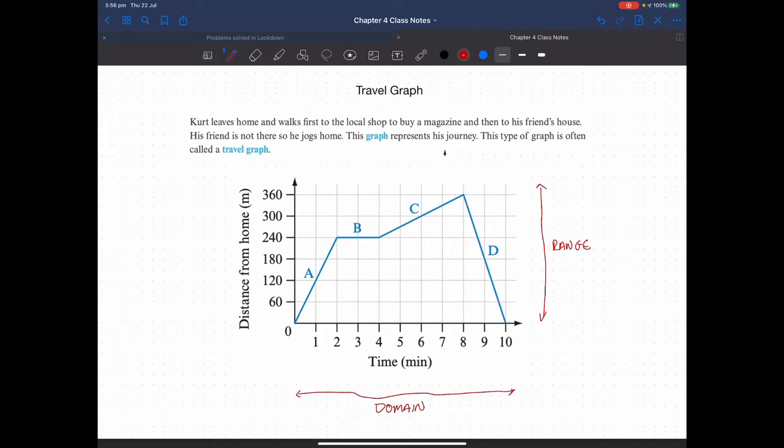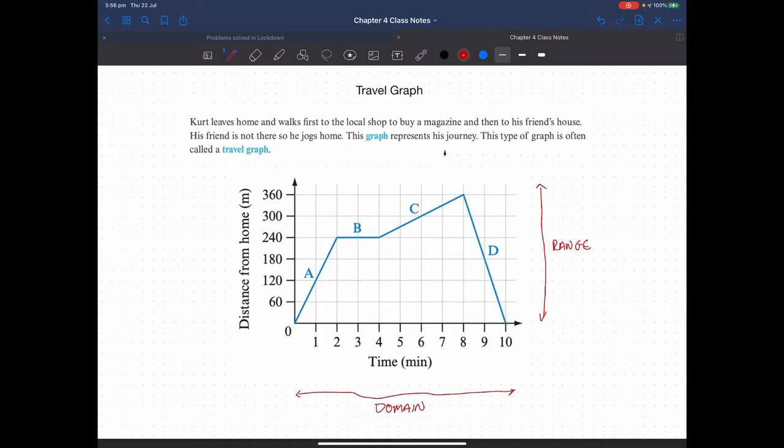His friend is not there, so he jogs home. This graph represents his journey. This type of graph is often called a travel graph. Now I'm going to take you through how to interpret the graph.